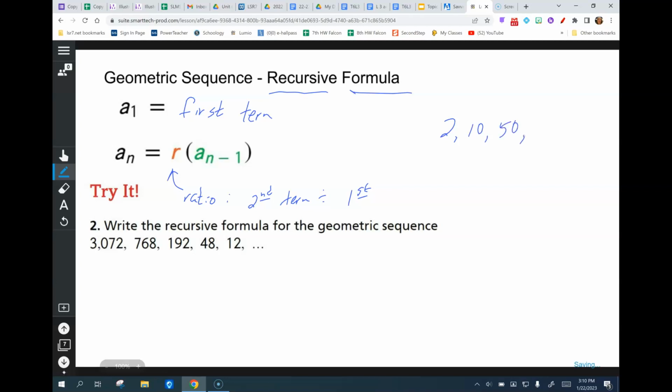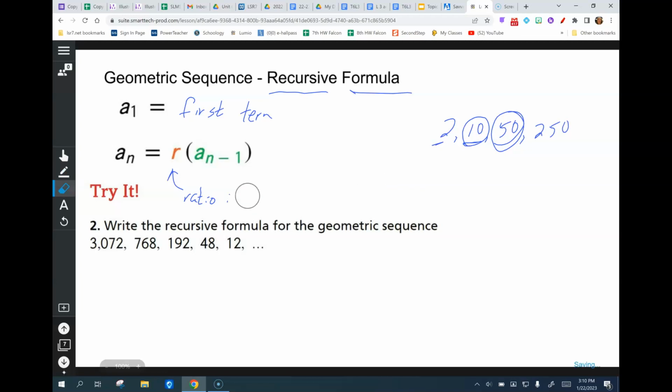50, 250, okay? I think that's right. So what I'm saying is take the second term divided by the first one, or the second term divided by the previous term is a better way to say it. Okay, let me erase that.